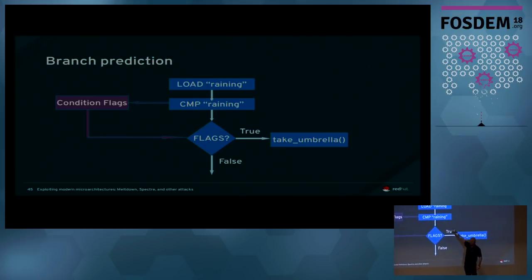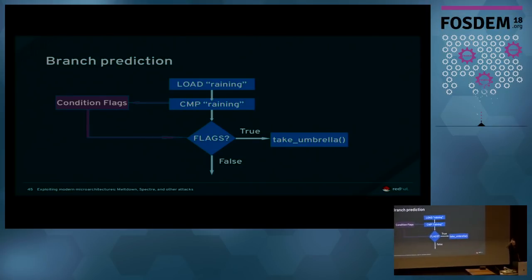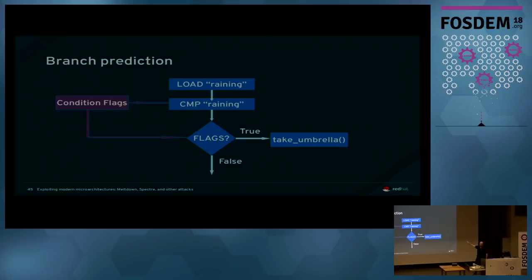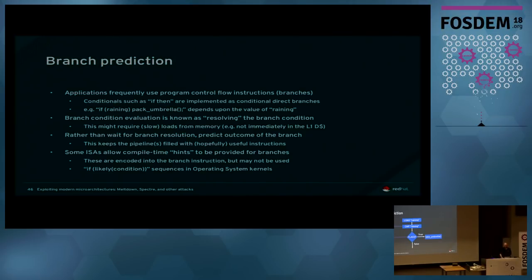Well, I may not actually have the value of raining available to me at that moment for a couple of reasons. It might be in slower memory. I need to pull it into my caches. That might take a bit of time. Or it might be some calculation I have to perform. And for those reasons, there can be cases where I hit a branch in my code to go one way or another, and I don't instantaneously know which way it's going to go.